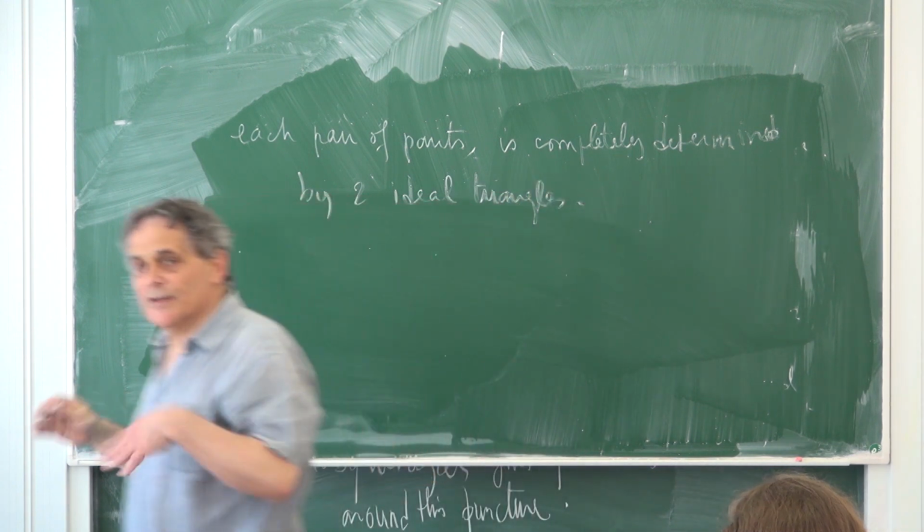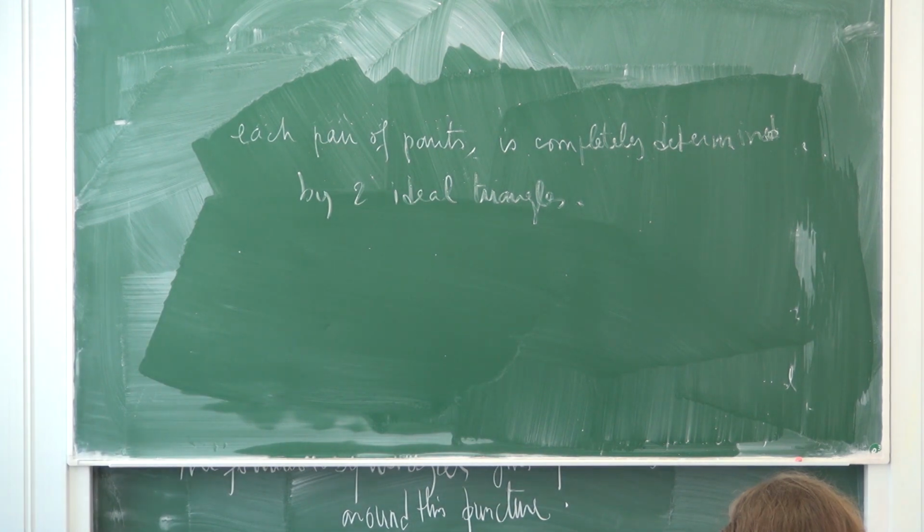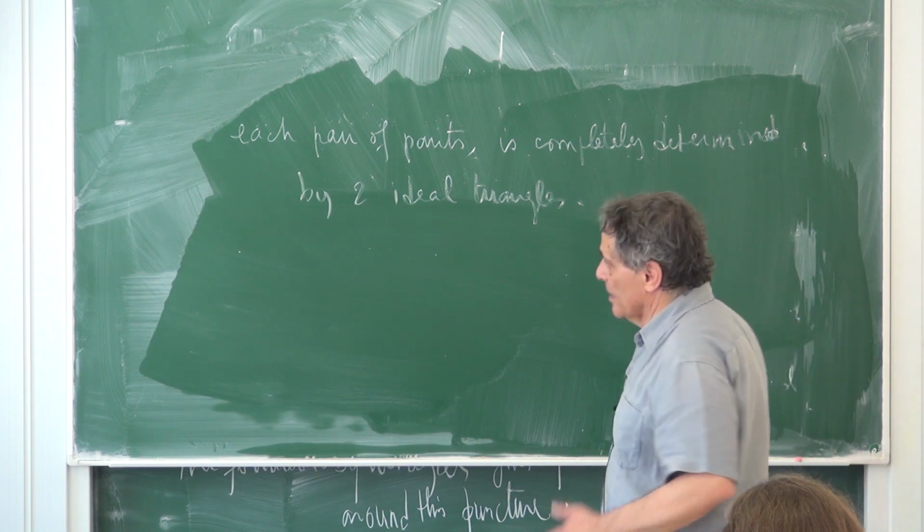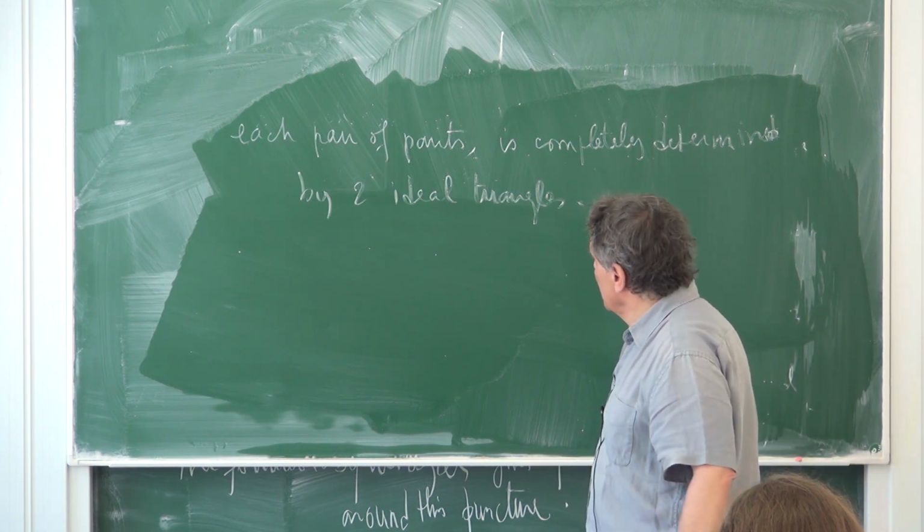The philosophy below all this is that the ideal triangles are the simplest pieces of my hyperbolic geometry. And then we have reasonings.